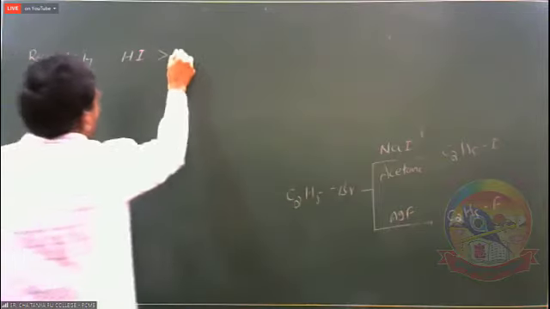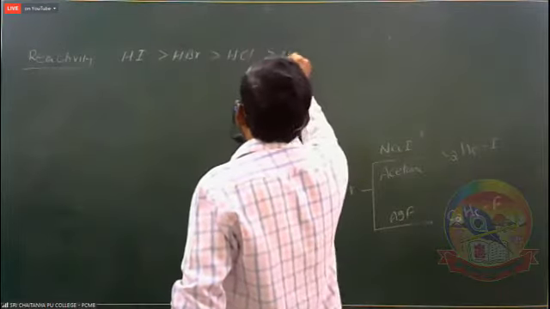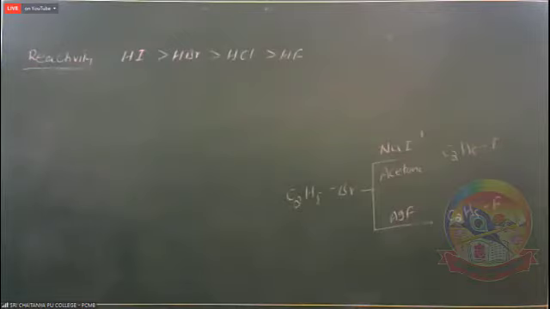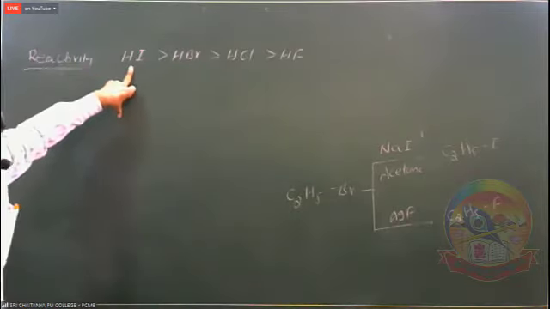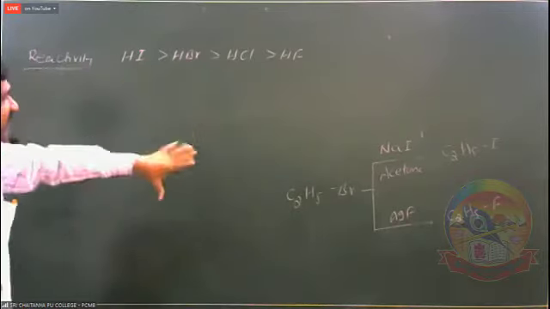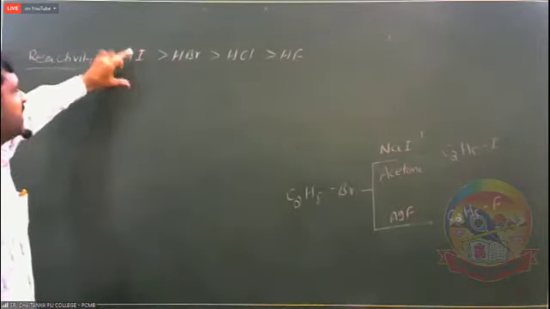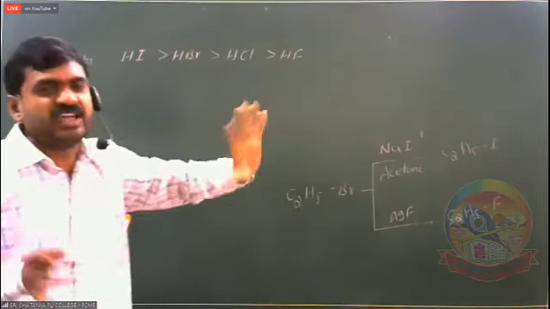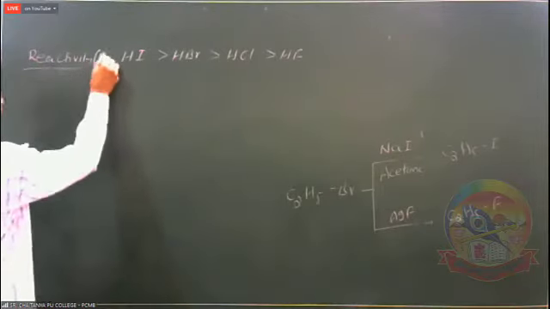Hydrogen iodide is more reactive than HBr, is more reactive than HCl, is more reactive than HF. So preparation of fluorides is very difficult because of high affinity of fluorine with hydrogen. So in the preparation of alkyl halides, the reactivity order of hydrogen halides HX is HI more reactive than HBr, more reactive than HCl, more reactive than HF.